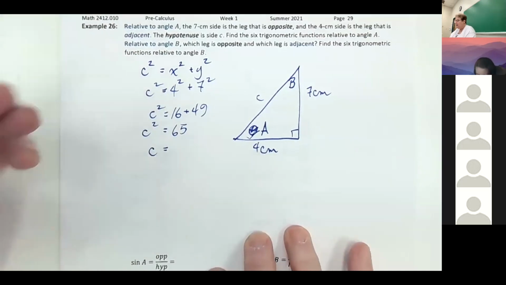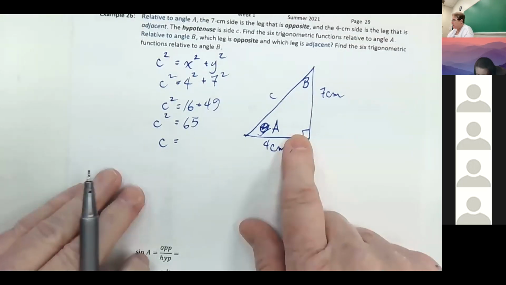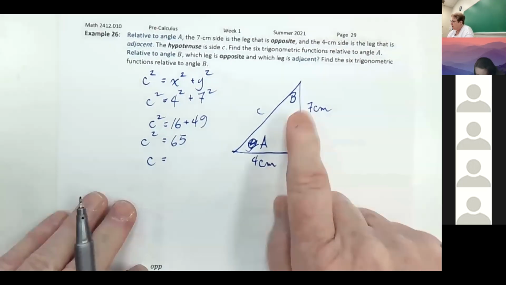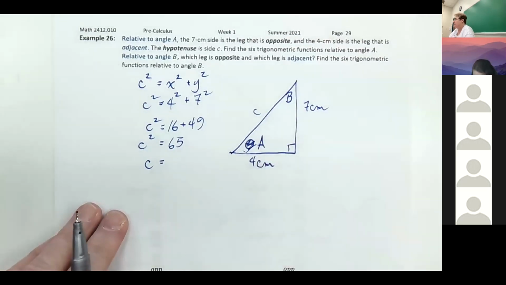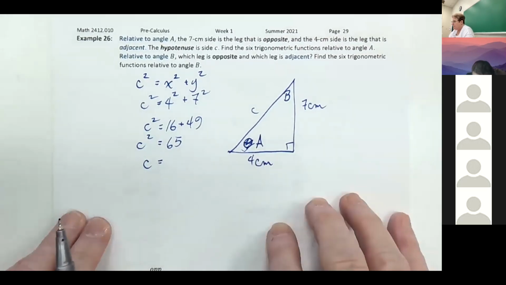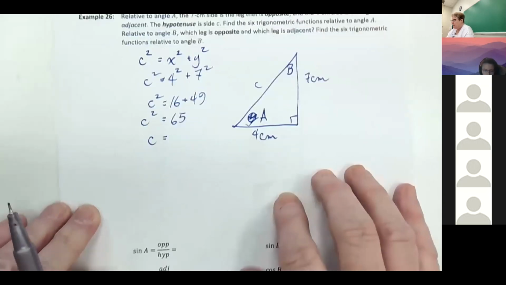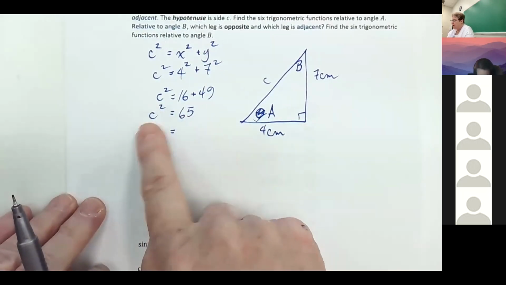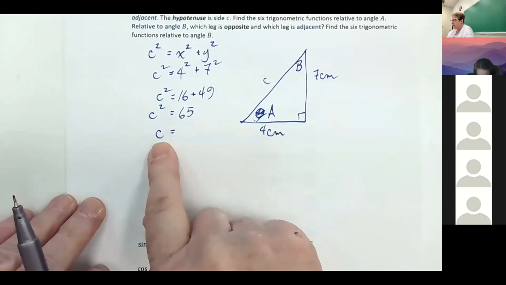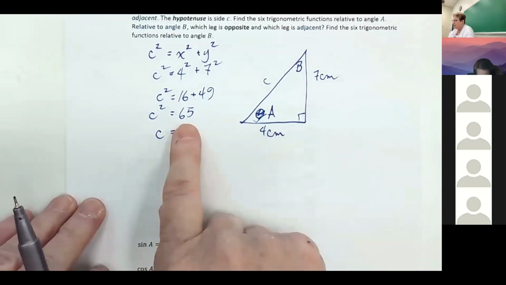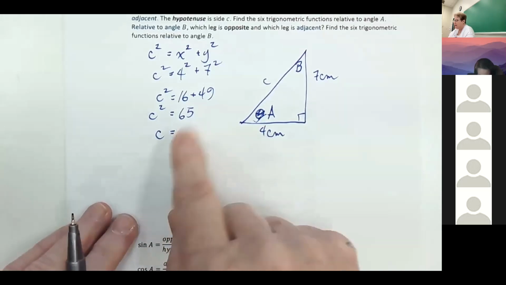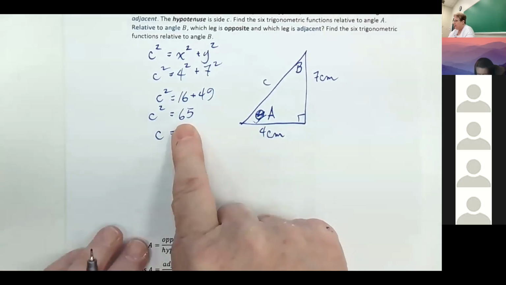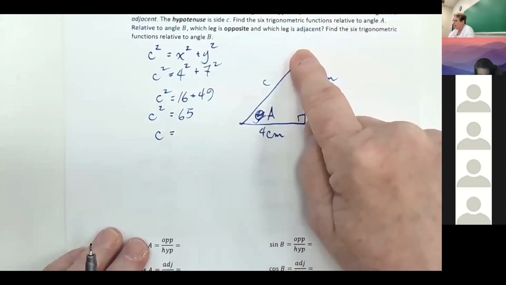So one thing about actual triangles is that all of the lengths are positive. There's no triangle with a negative length. So when we take the square root of both sides here to find C, we don't even need to put the negative in the plus or minus sign, because we're looking at actual lengths.